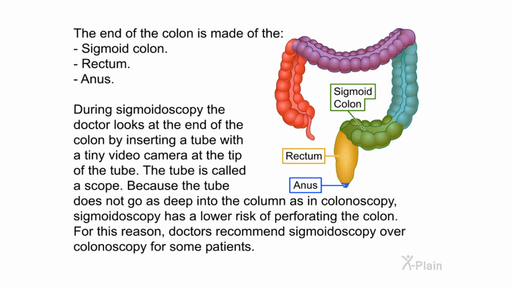During sigmoidoscopy, the doctor looks at the end of the colon by inserting a tube with a tiny video camera at the tip of the tube. The tube is called a scope. Because the tube does not go as deep into the colon as in colonoscopy, sigmoidoscopy has a lower risk of perforating the colon. For this reason, doctors recommend sigmoidoscopy over colonoscopy for some patients.